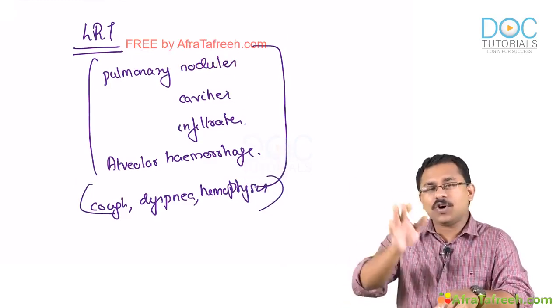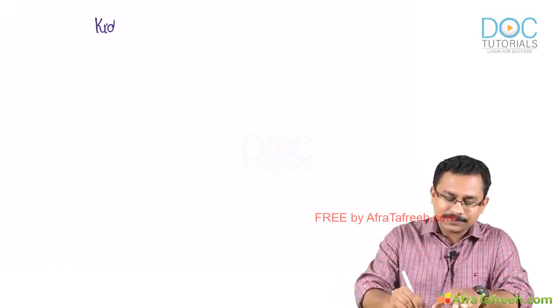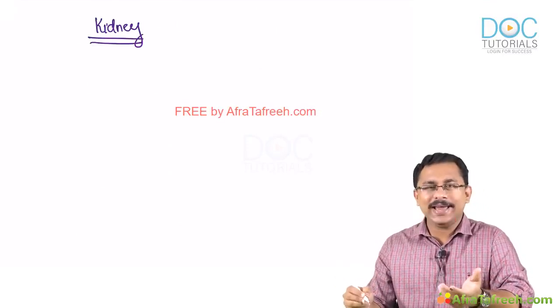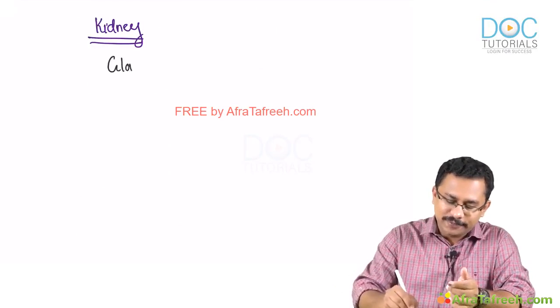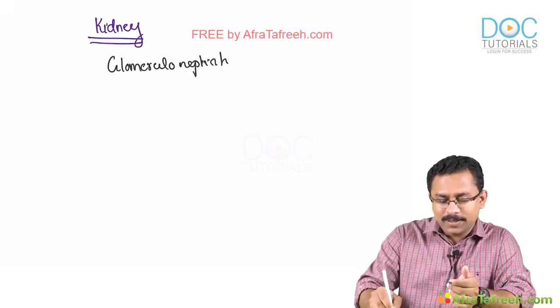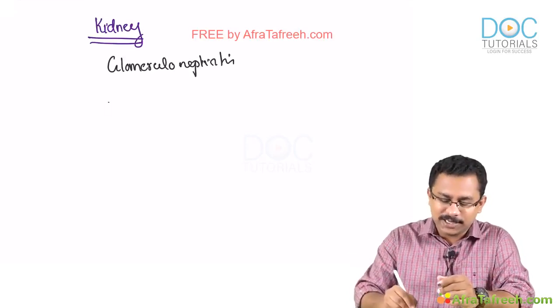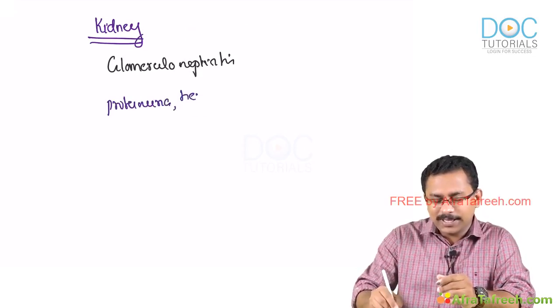Most commonly you have the upper respiratory tract, then the lower respiratory tract, and then the kidney involvement. In the kidney, you can have a glomerulonephritis, and sometimes the initial presentation may be just proteinuria and hematuria.